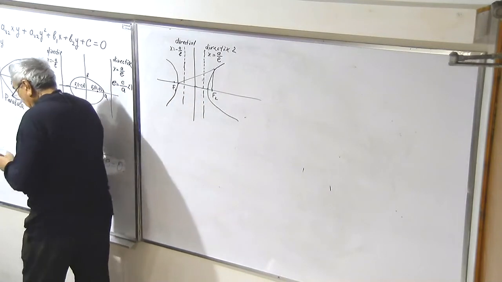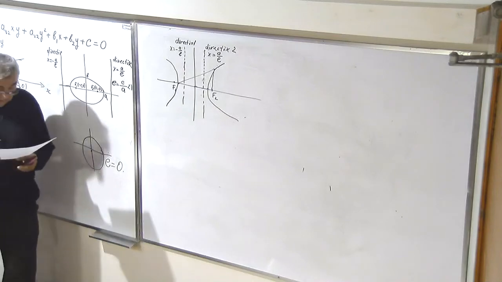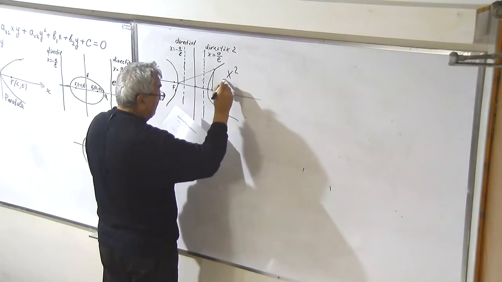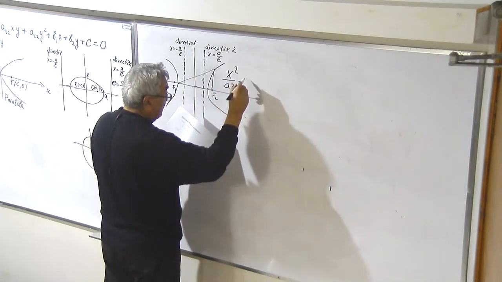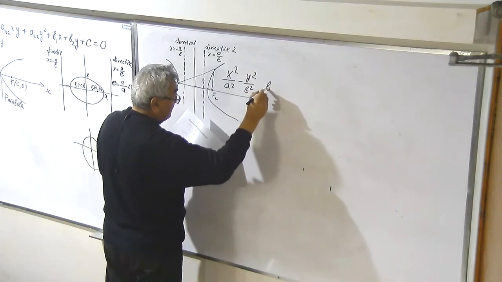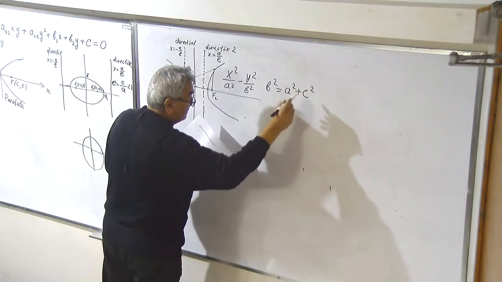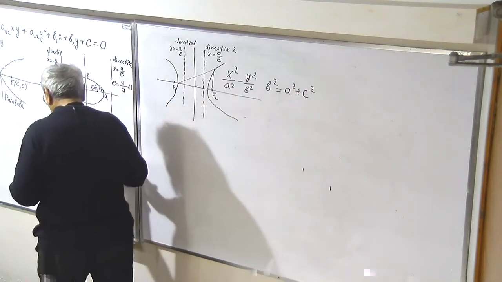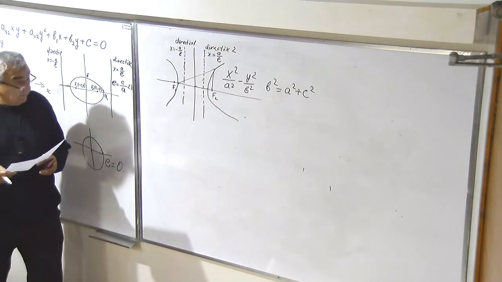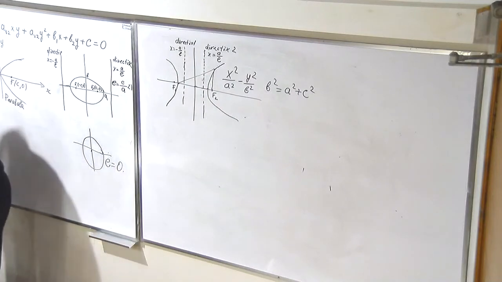We receive the equation x squared over a squared minus y squared over b squared, where b squared equals a squared plus c squared. That means you can find the distance from a.